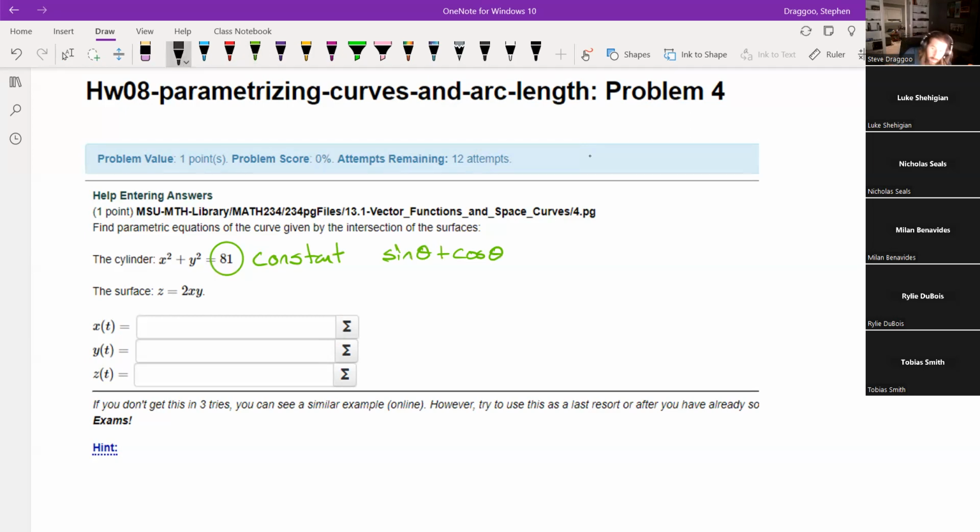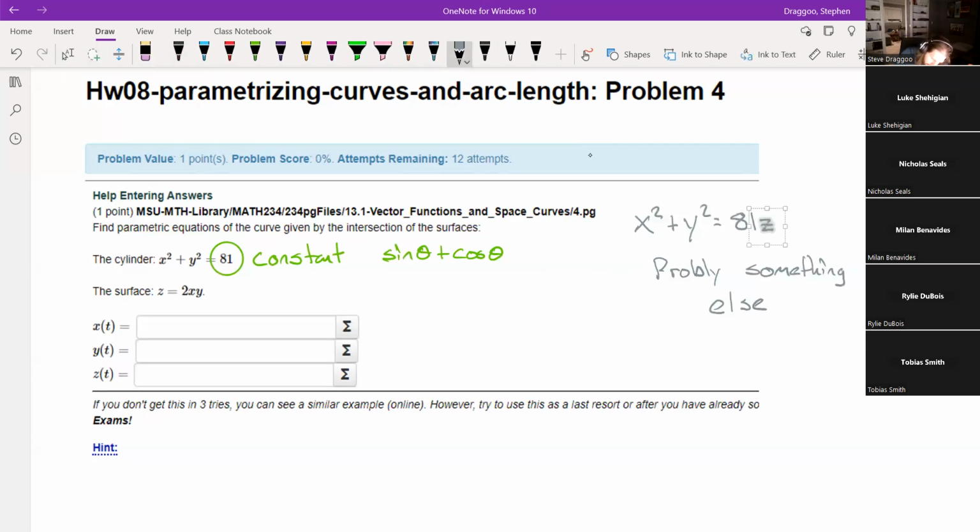If I were to have altered this problem just slightly, say I had x squared plus y squared equals 81z, then I'm thinking this is probably something else. And by something else, I mean not sine and cosine.